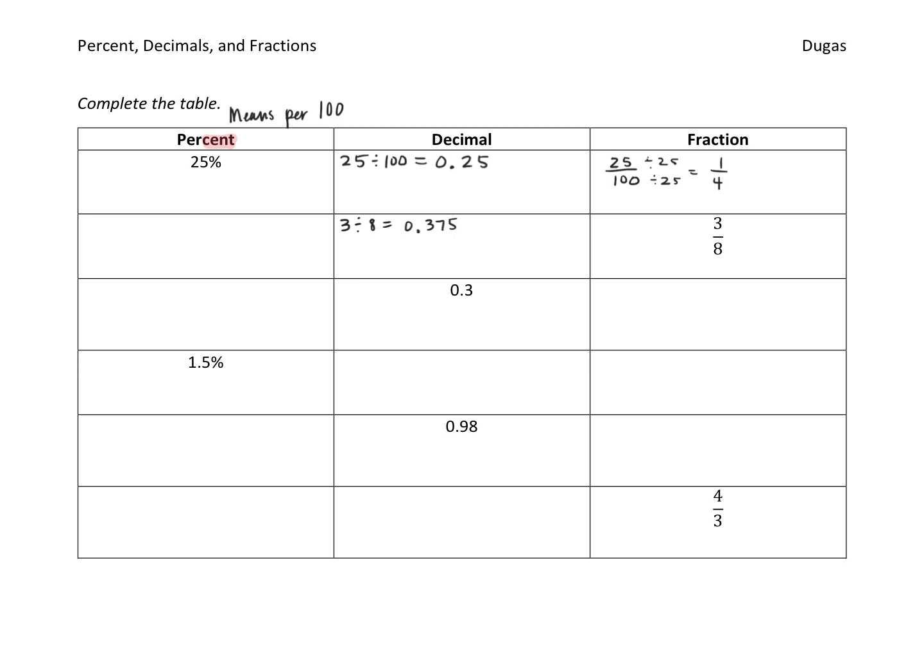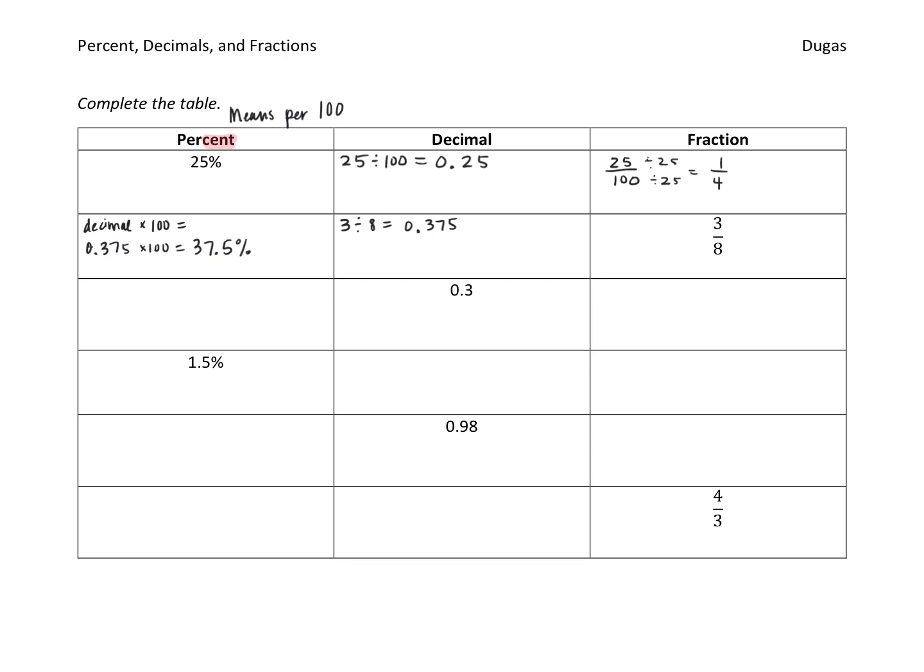And to change from a decimal to a percent, decimal times 100. So that's going to give you 0.375 times 100, and you would get 37.5%.